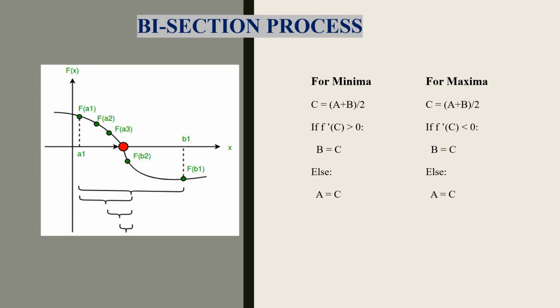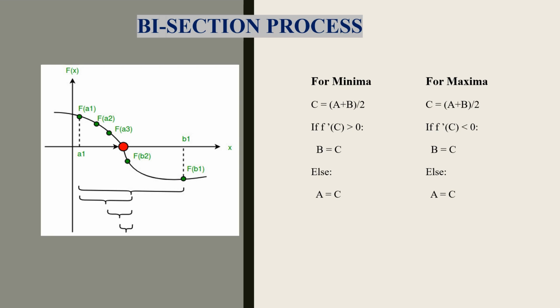The basic idea of the bisection process is, first of all, we have to select a midpoint in the given interval. Let us suppose a comma b is the given interval. We are taking c, which is the midpoint of the given interval. We have to find the derivative of the function and substitute the midpoint in the derivative.